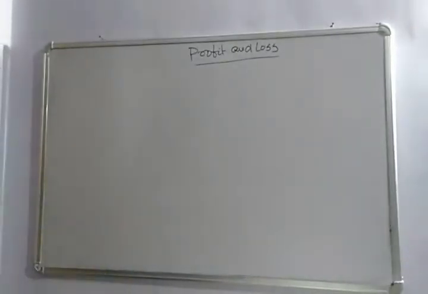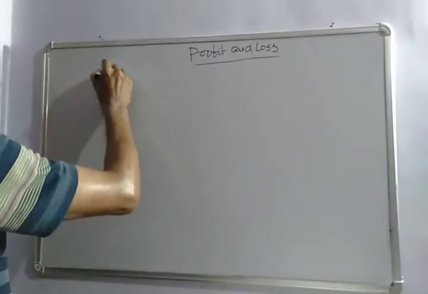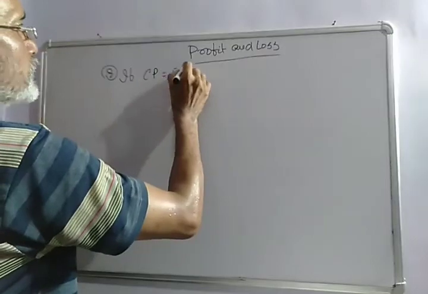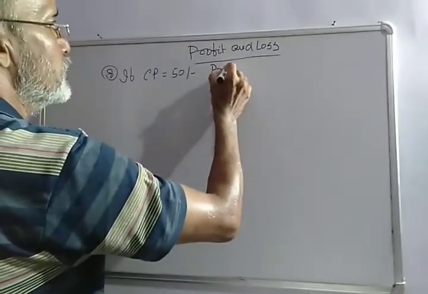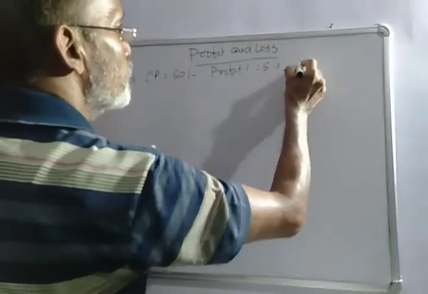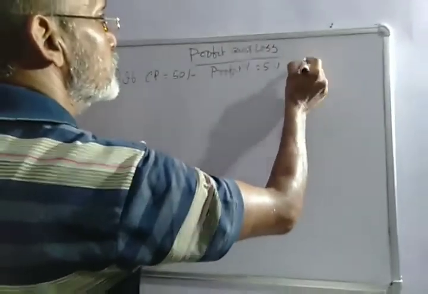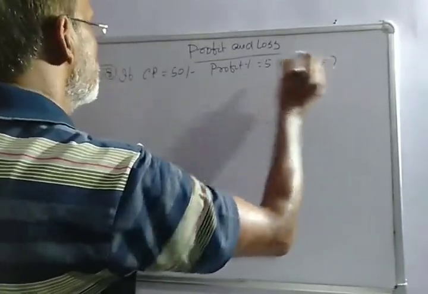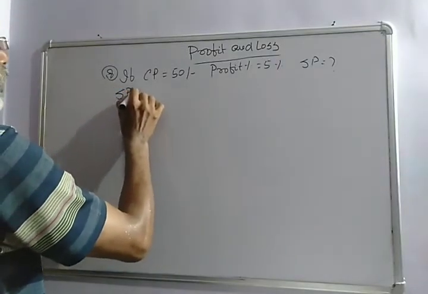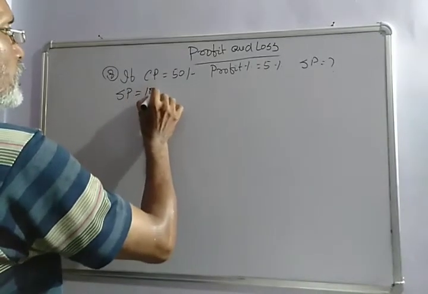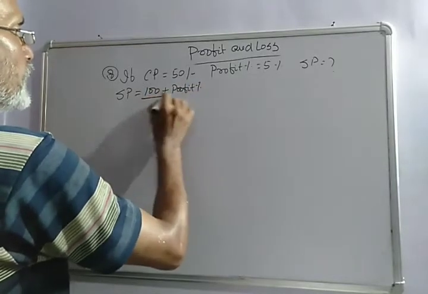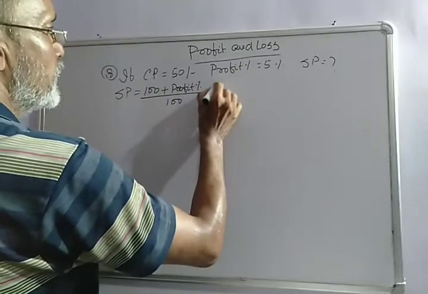And in the next case, number 8, if cost price is given 50 rupees, profit percentage is equal to 5%. You have to find out the selling price. So here selling price is equal to 100 plus profit percent by 100 into CP.